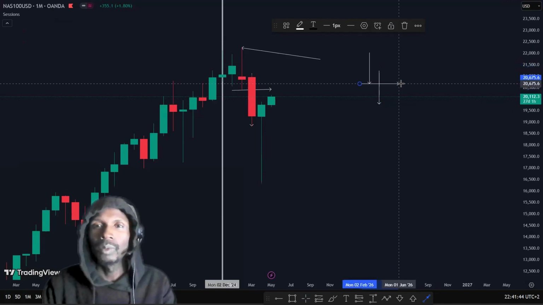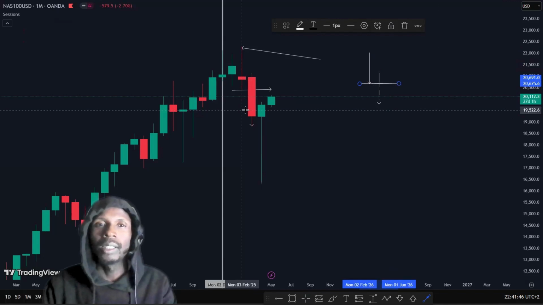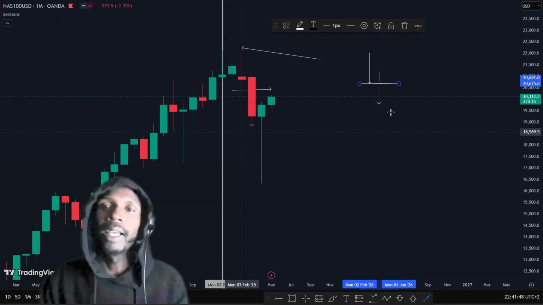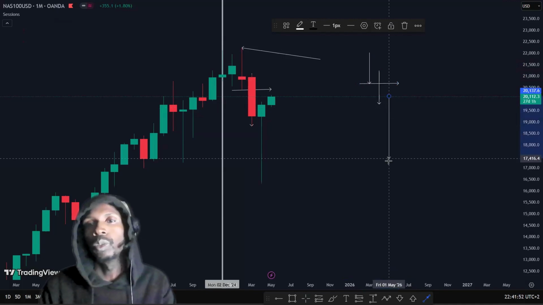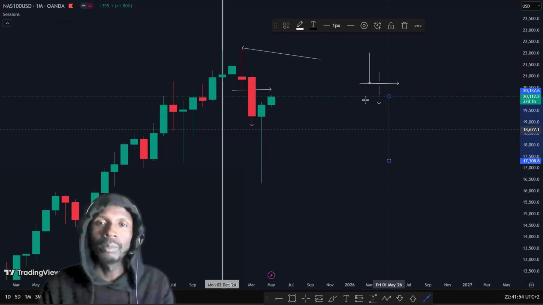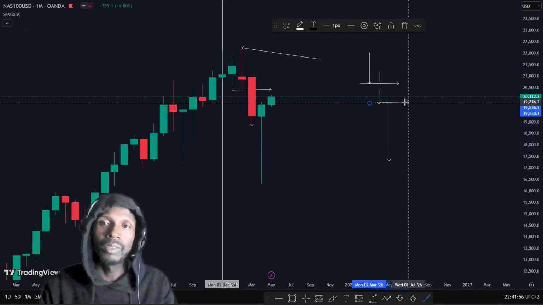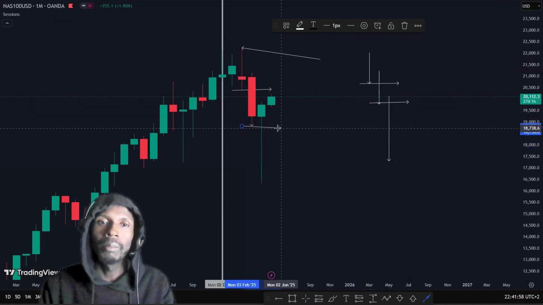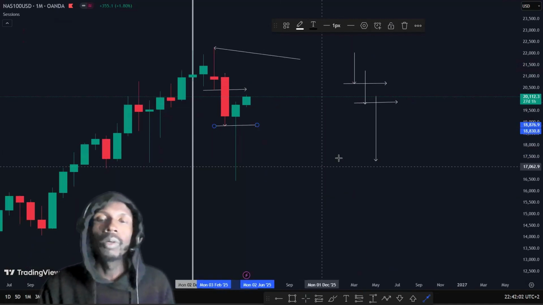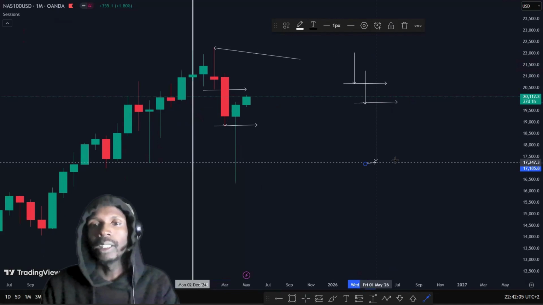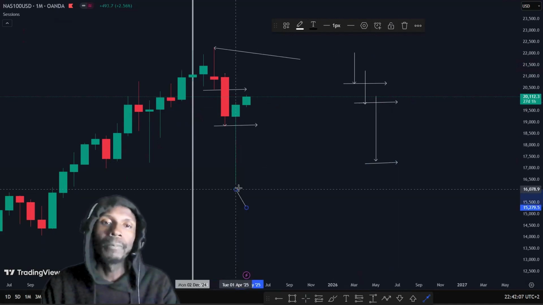Obviously, we broke this here, and then this is March, and then April just opened, and then we continued with our bearish momentum, and we broke the previous low, which was the March lows.